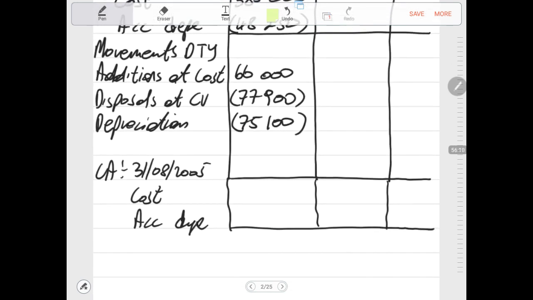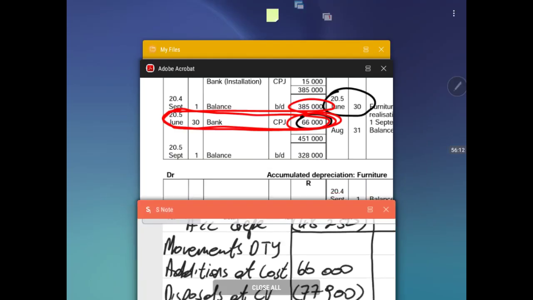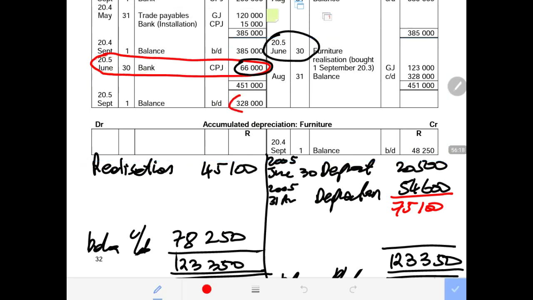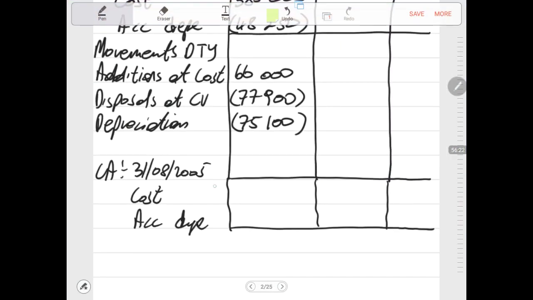Then after, I need to know how much is the cost of my furniture in the ledger account at the end of the year. How much is the closing balance? The closing balance of my furniture cost is 328,000 rands. I take that closing balance, I write it under closing balance, 328,000 rands. Then I go to my accumulated depreciation ledger account. What do I look for?